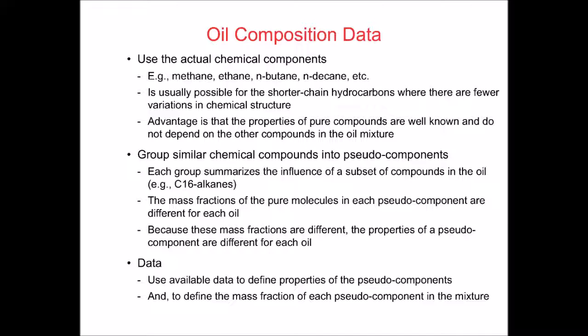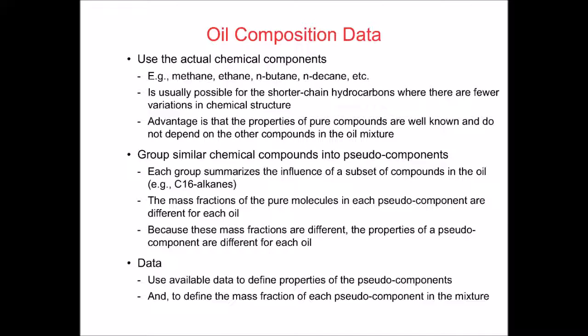And if you use the actual compounds themselves, such as n-butane, which is a particular molecule, then that has the advantage that we know we can look up in tables what their actual properties are, say their critical point temperature, critical point pressure, boiling point, etc. And those may be tabulated in thermodynamic tables.